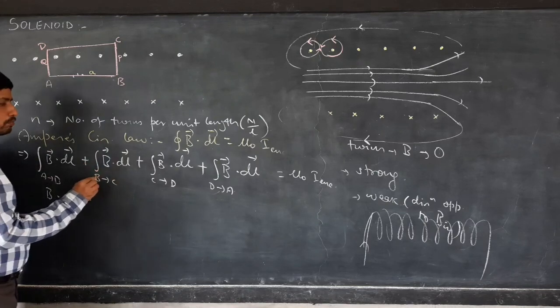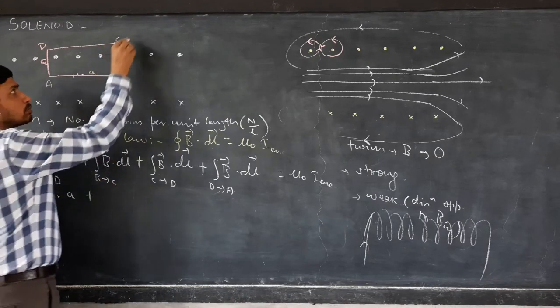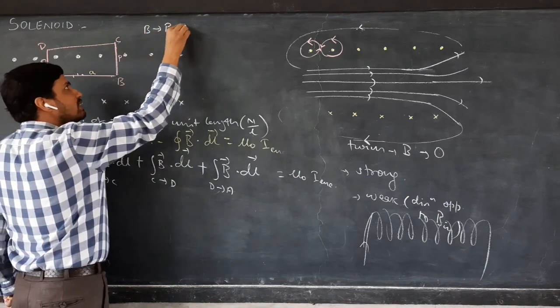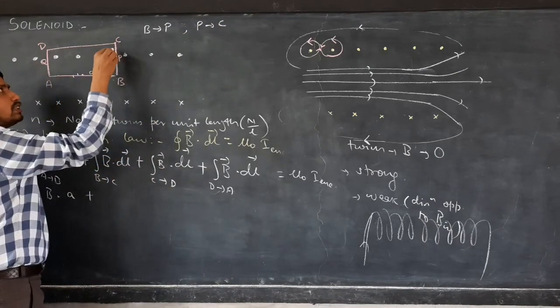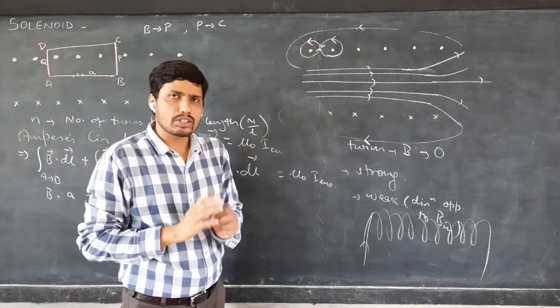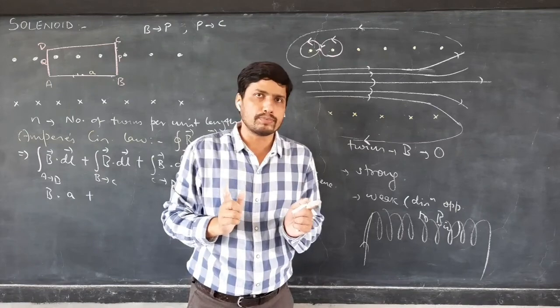Now B dot dl from B to C. B to C we will divide into two parts. I am explaining here. First we will move from B to P, and then we will move from P to C. P to C, all those points lie outside the solenoid. And we have discussed, students, that outside the solenoid, the magnetic field is 0.